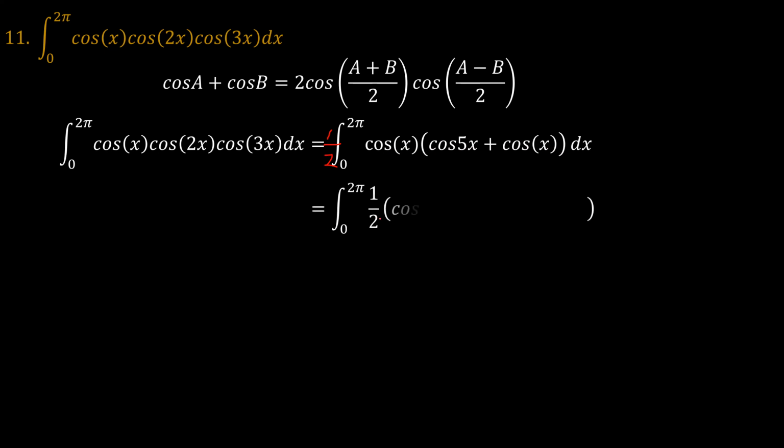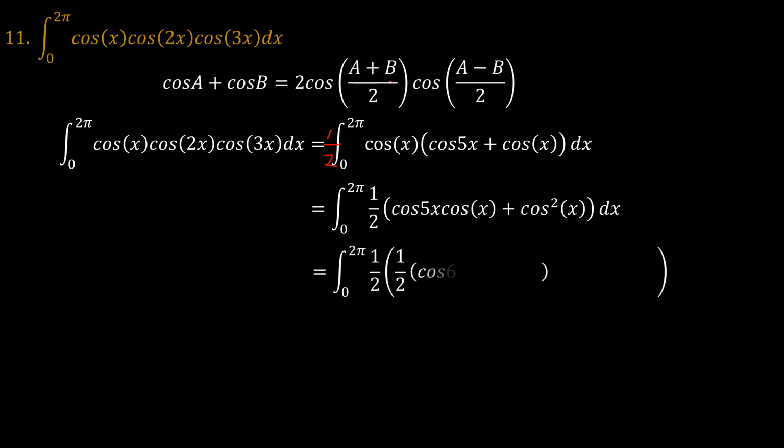And so we have 1 over 2 times (cosine 5x times cosine x plus cosine squared x). Then we can use the same identity, and so cosine 5x cosine x is equal to a half of (cosine x plus cosine 4x). And then cosine squared x can be expressed as (cosine 2x plus 1) over 2.